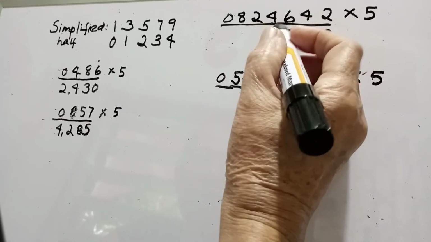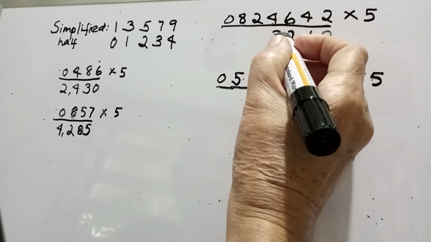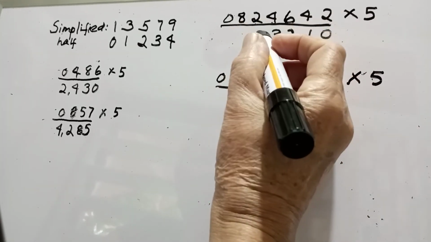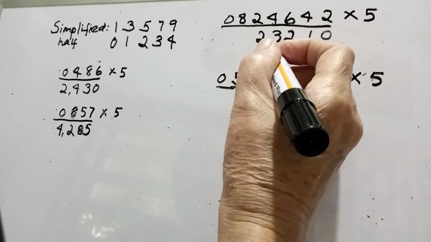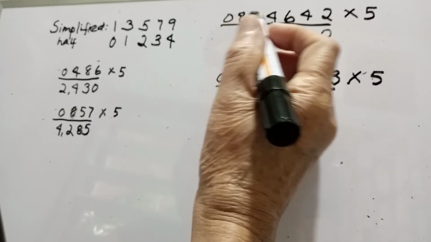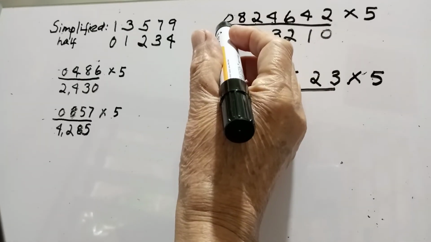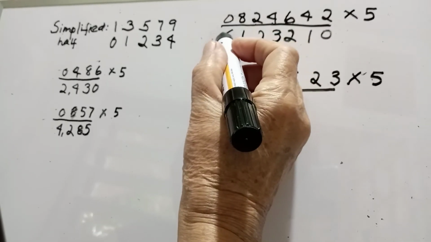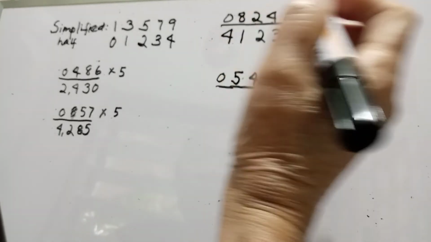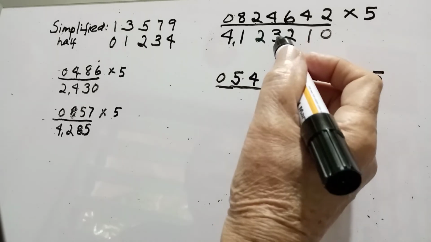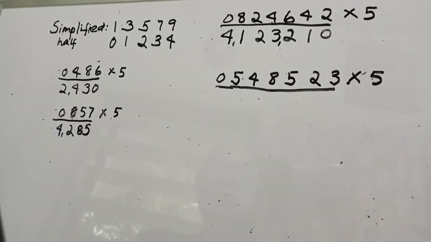Even again, half of 6 is 3. Even, half of 4 is 2. Even, half of 2 is 1. Even, half of 8 is 4. So the answer is 4,123,210. How many seconds did we spend?